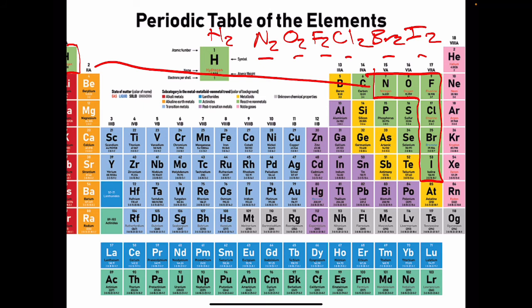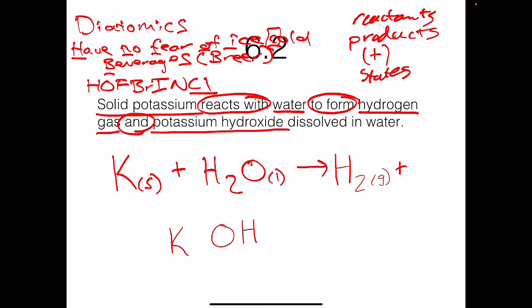Potassium is right here on the left side of the table, and we know everything in this column has a charge of +1. Hydroxide has a -1 charge. Since these are already in a 1-to-1 ratio, our compound is simply KOH. And since it says it is dissolved in water, we know that means we are dealing with an aqueous compound.